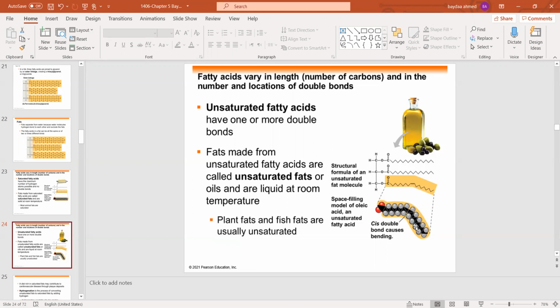We call this cis, okay? Because the two hydrogen atoms bonded to the two carbons that form the double bond are found on the same side of the double bond.